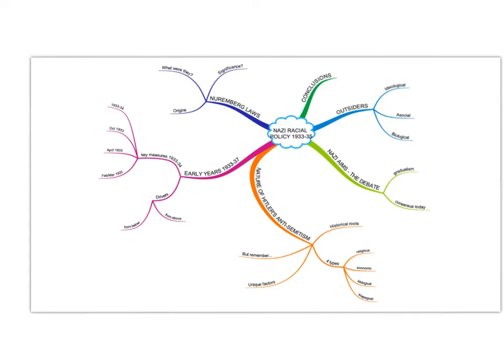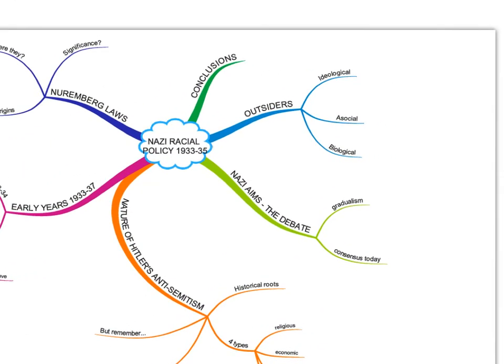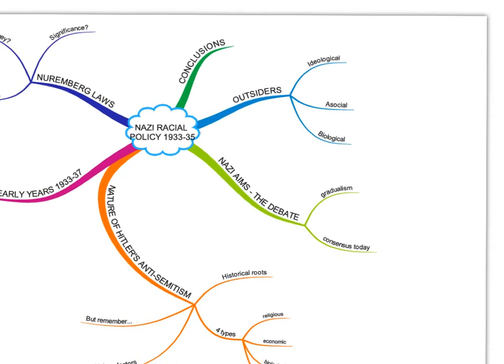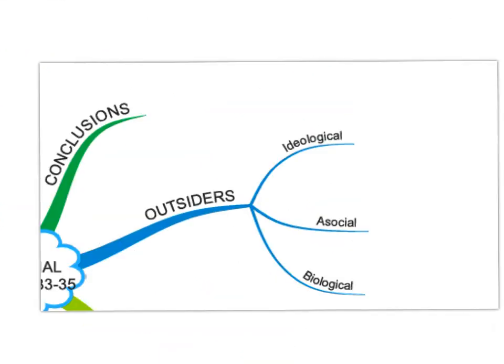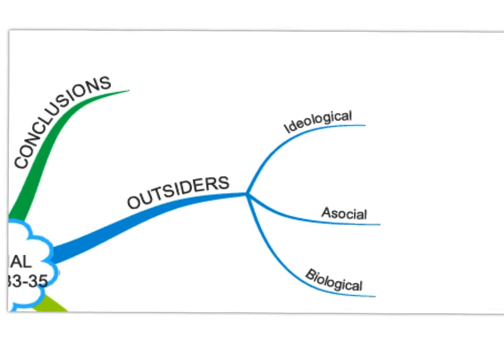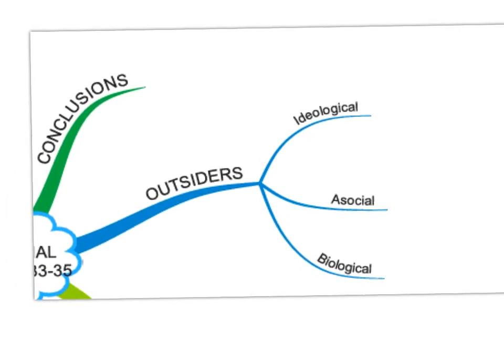Okay, so we'll start off with the point outsiders, that particular strand of the mind map. General points just to ease you into this topic, about outsiders, and as you can see, Jews.